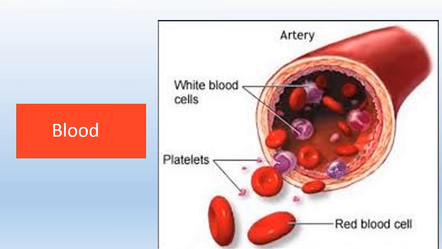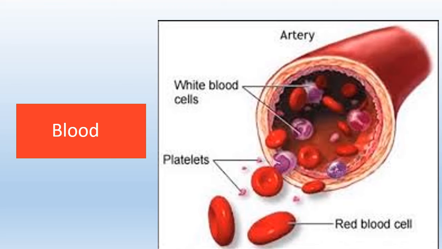The white blood cells are very important for us because they protect us from different types of disease. And what is the work of the platelets? Platelets are very important for us because if your finger is cut, after some time a layer forms over the blood, and the bleeding stops.